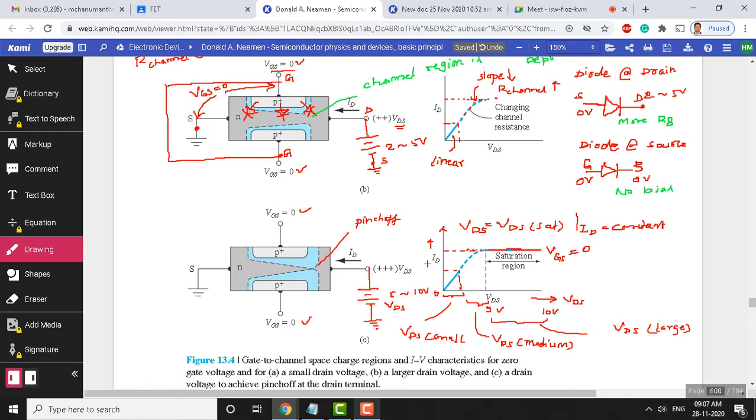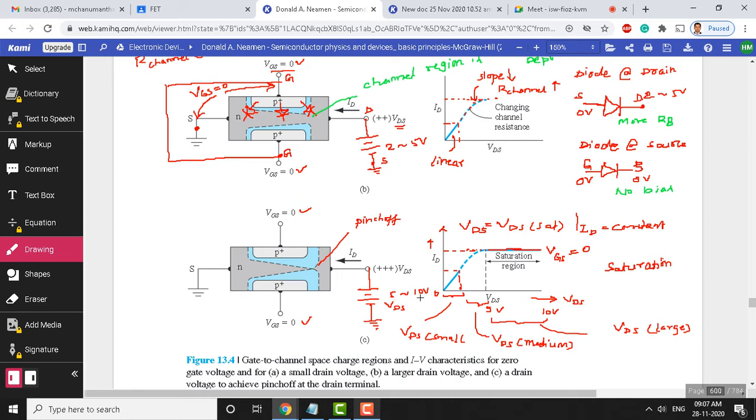This is most important for the JFET. Like in BJT we discussed different regions of operation, active, cutoff and saturation, in FET also we have those 3 regions. Right now we are discussing the saturation region.